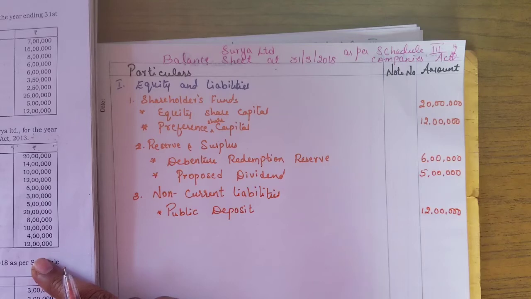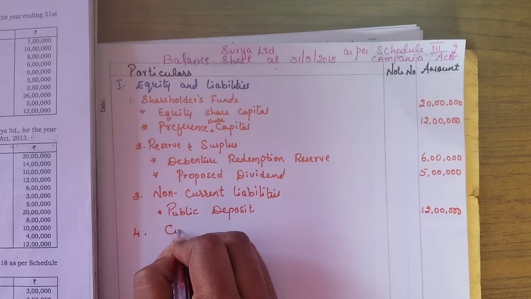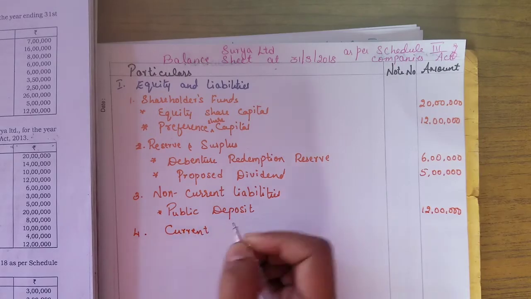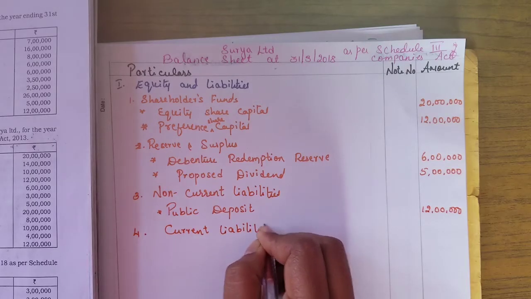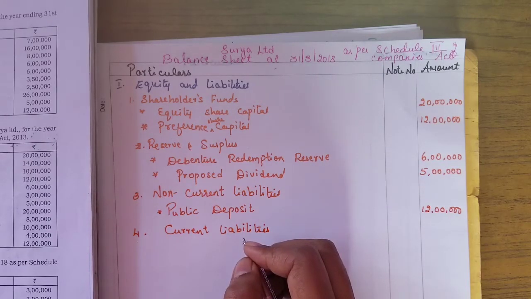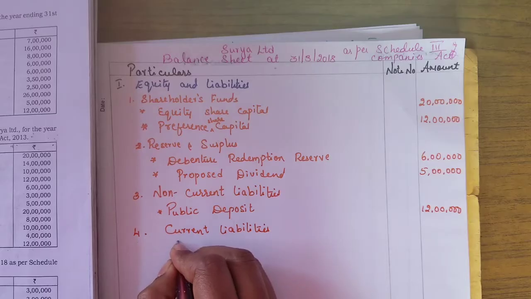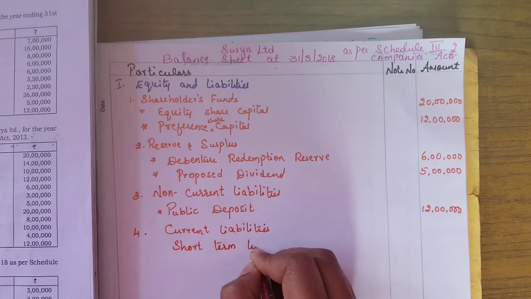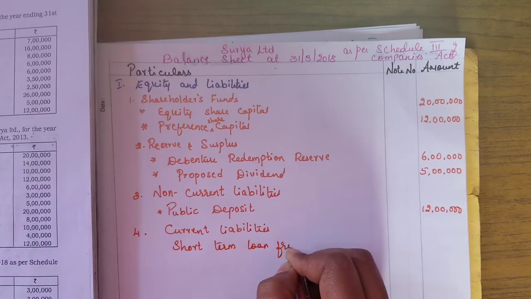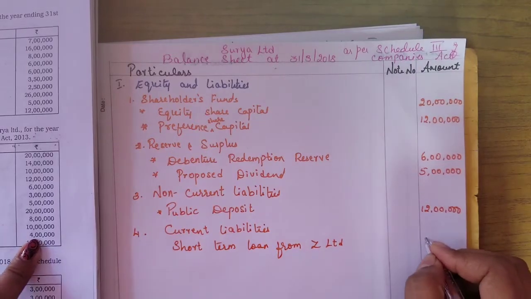Current liabilities. Yes, we have current liabilities. Under current liabilities, we have outstanding expenses, and we also have short-term loan from Z. Short-term loan from Z Limited amounting rupees 4 lakhs.